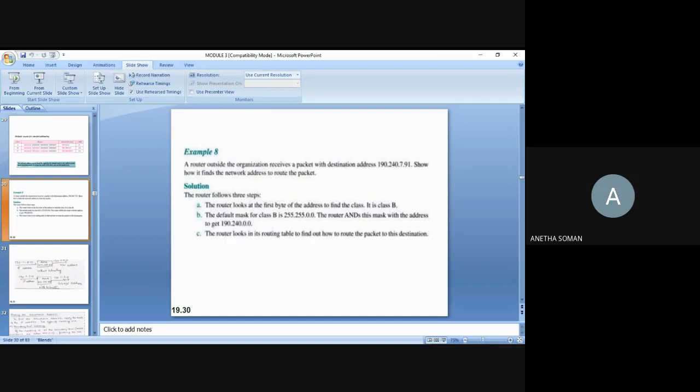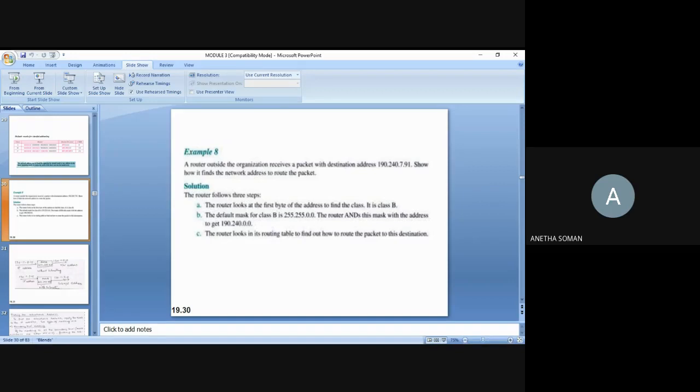So what you obtain is, the first byte of the mask is 255, so that value will be retained. So you will have 190. Now the second byte, 240. The second byte of the mask is also 255, so that value will be retained. So it is 190.240. For the other 2 bytes, the mask value is 0, so automatically the destination address value will be 0.